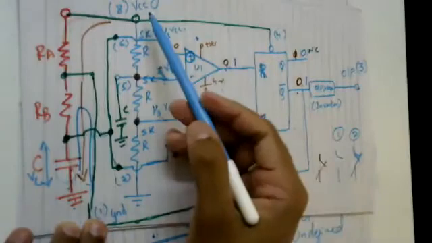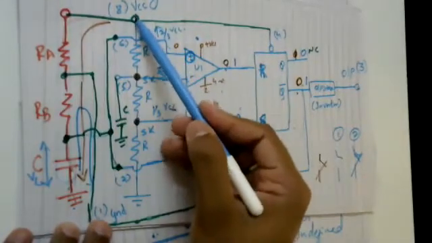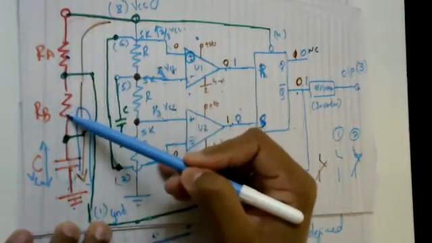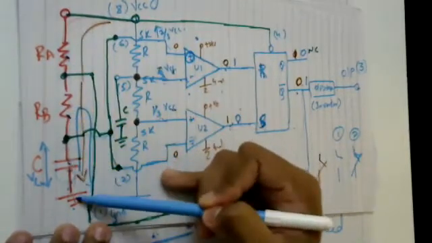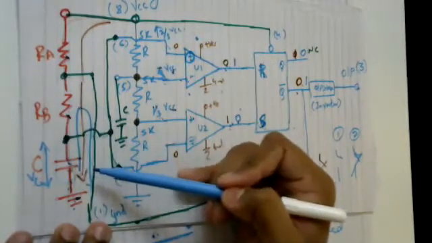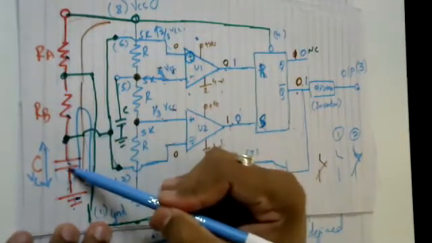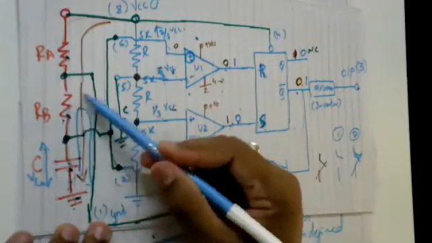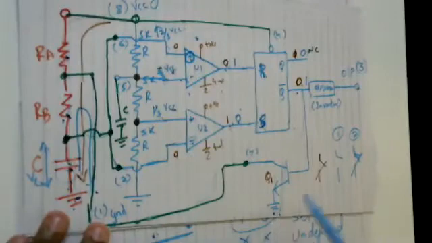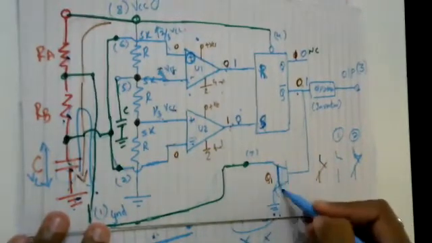Understanding? So while charging, how is it going to charge? From VCC to RA, RA to RB, RB to C, C to ground. But while discharging, how is it discharging? It is discharging from C to RB, RB to ground via this transistor, because this is working like a closed switch, a short circuit.